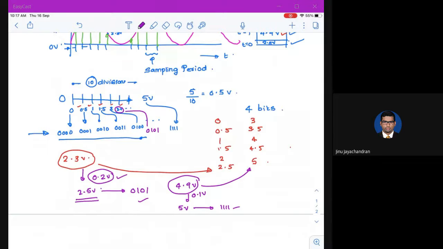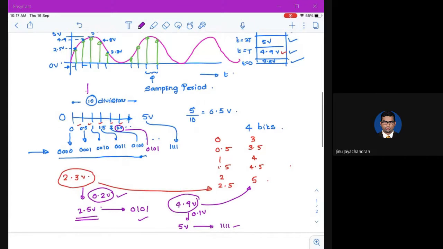Now, what are the parameters for this conversion? The first parameter is the number of divisions. If you increase this from 10 to 100 divisions, then the minimum voltage step is 5 by 100, that is 0.05.